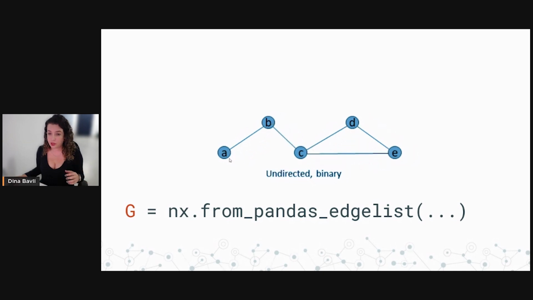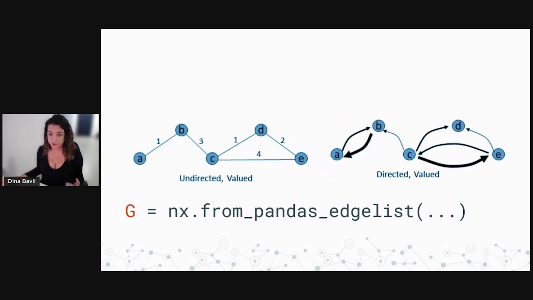And this is an undirected graph, which means it is a little bit like friends in Facebook, in contrast to followers in Instagram or Twitter. A network can be valued and weighted, or it can be unweighted, and each one of the arcs weighs the same.